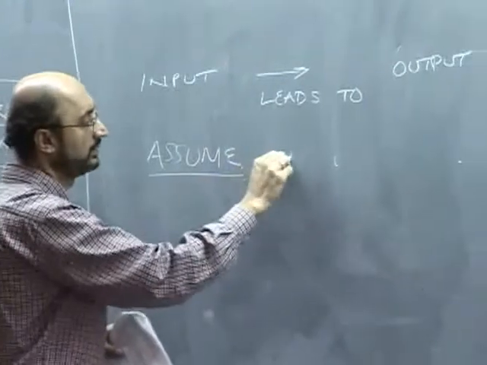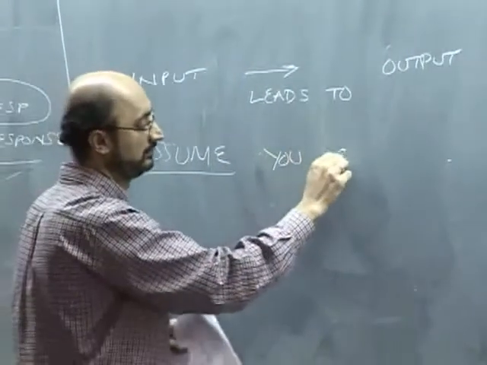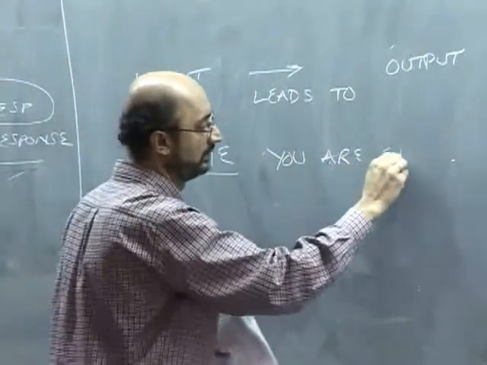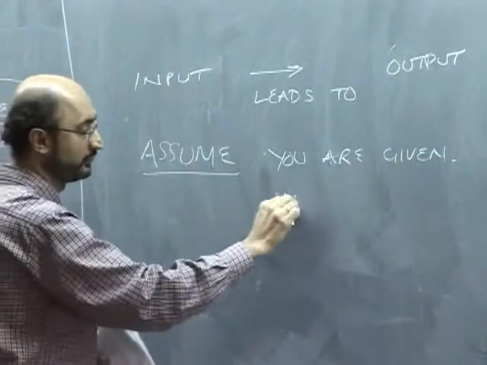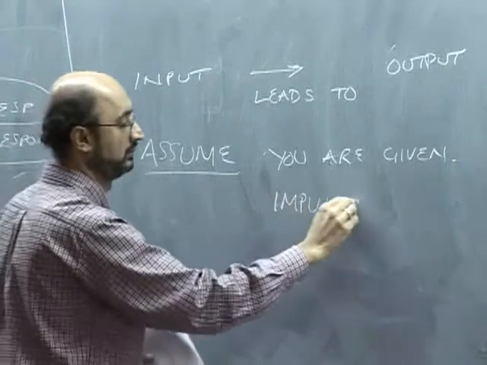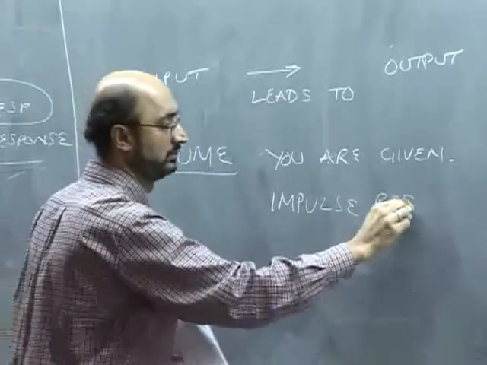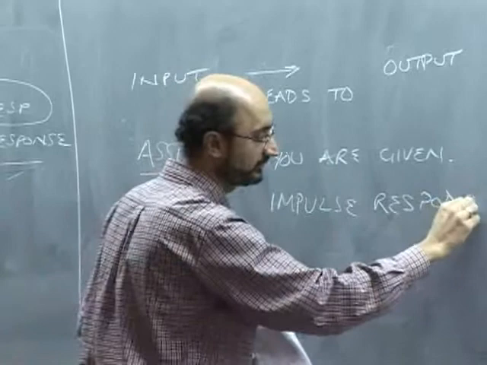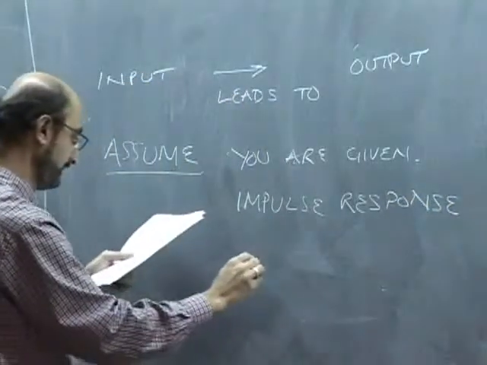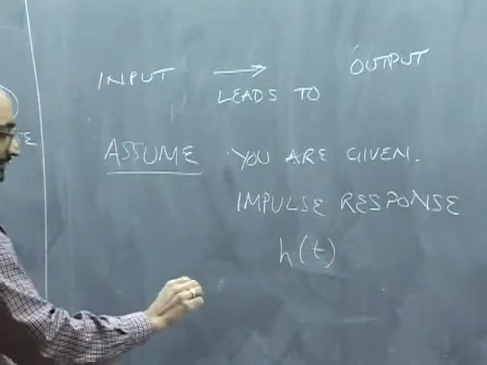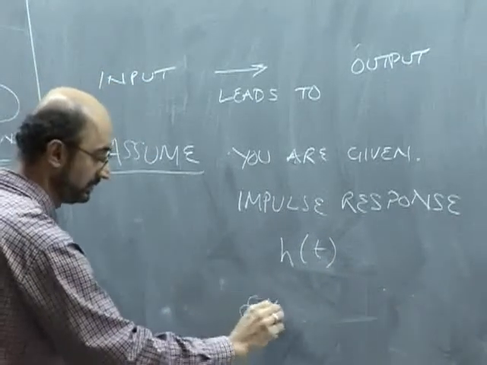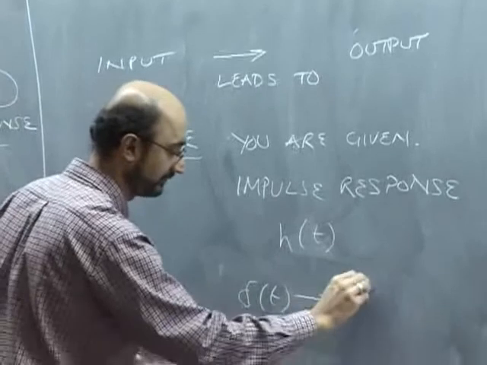Assume you are given the impulse response, which is denoted h of t, and defined as delta t leads to h of t.